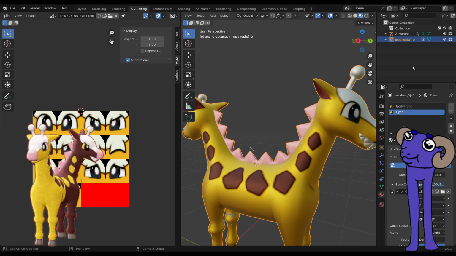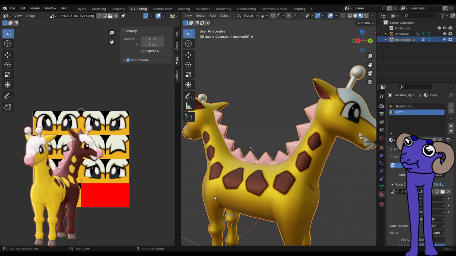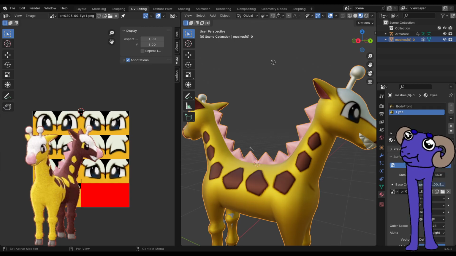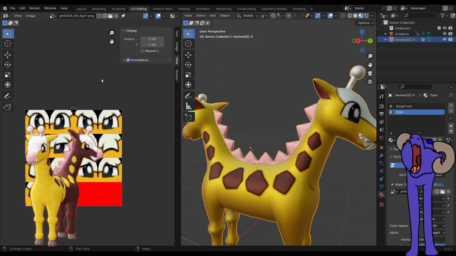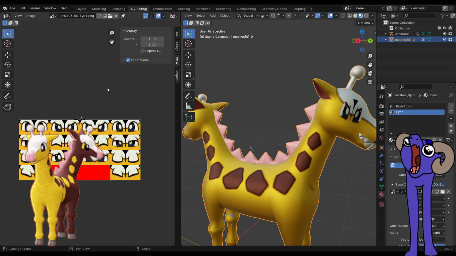How do I just flip this? Mirror horizontally, there we go. And save, okay. And now the eyes are gonna look very messed up. That's fine.